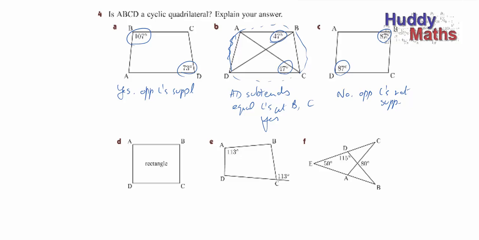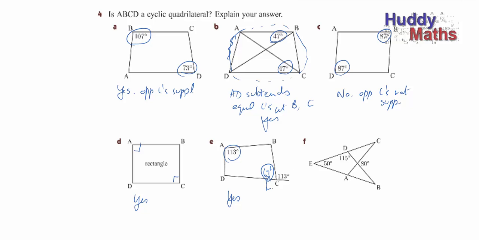Okay, I hope you've tried all these. This is a rectangle. So all rectangles are cyclic because opposite angles add up to 180. Yes, and I won't write that down, opposite angles supplementary. And here, if you look at this, we can find this angle here, which is 180 take 113, which is 67 degrees. And so this one is yes, because it would be supplementary with that one. I'm not going to write all the reasons in.